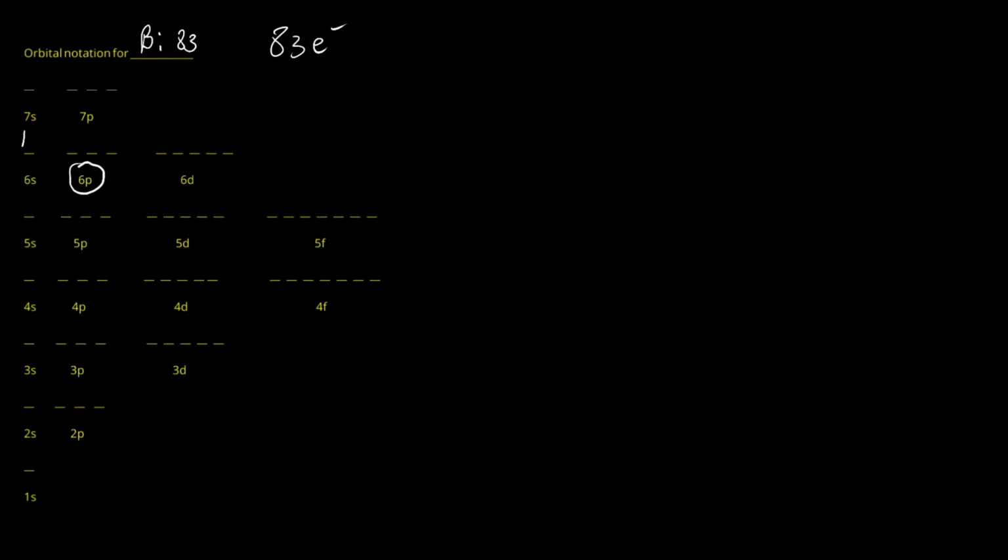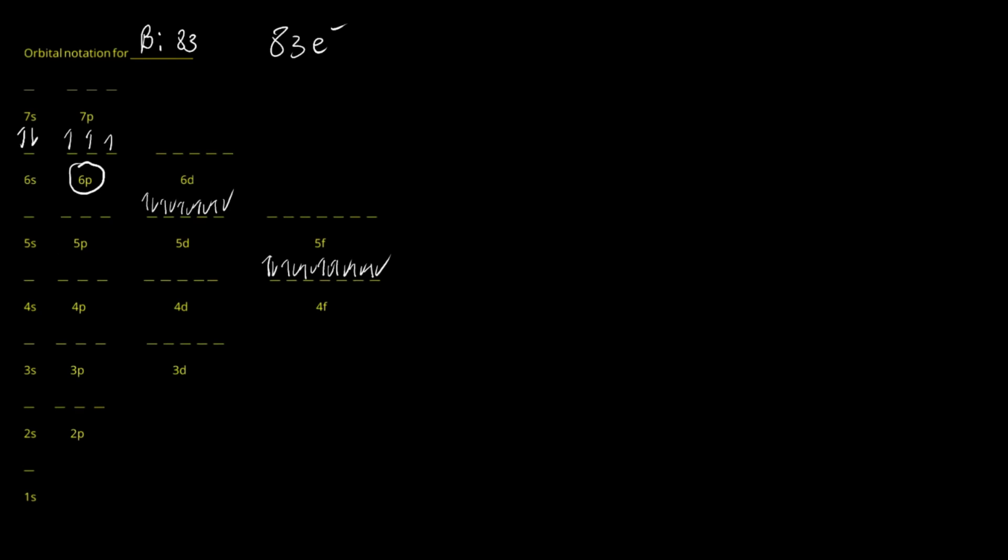So if I start at 6s, when I leave 6s, I go to 4f. When I leave 4f, I go to 5d. Then when I leave 5d, I go to 6p. And it is the third one.